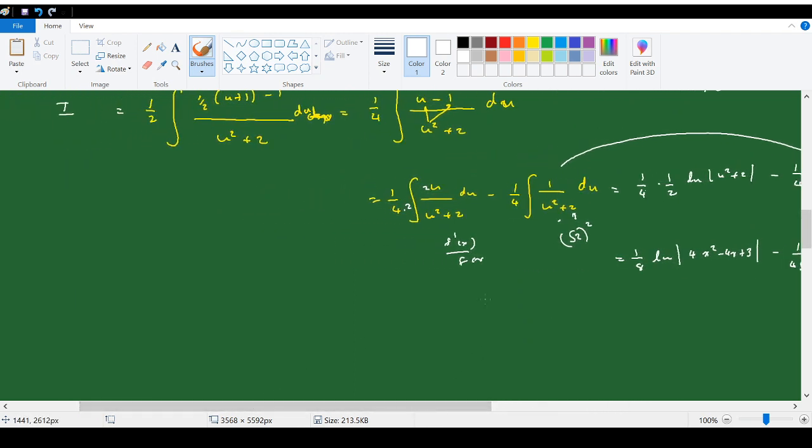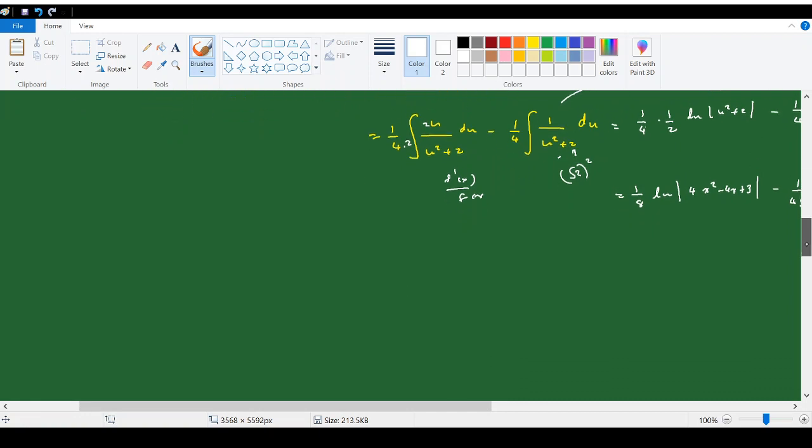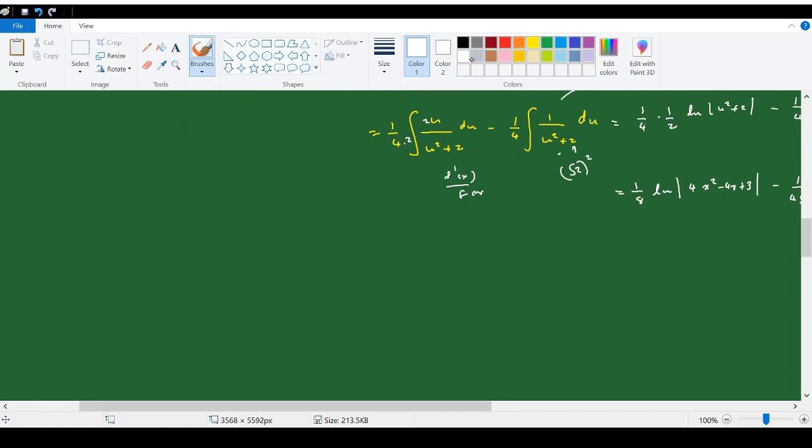From this calculation, we can generalize and come up with a general method of dealing with situations where you have an irreducible quadratic term in the denominator.